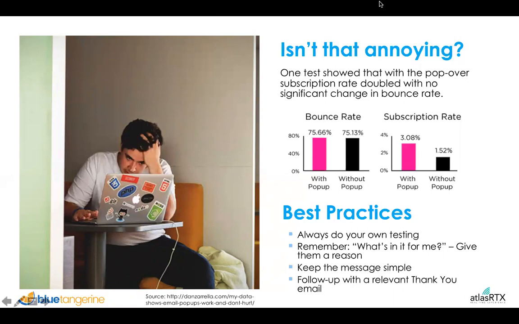It can't be 20 fields they have to fill out. Typically, if you can get away with just email address, that's ideal. Just one field. If you have a couple other questions that you need to ask them to get them in the right place, then do so, but keep it to 3 or less. And of course, the message has to be short and simple, so we're not scrolling on mobile.